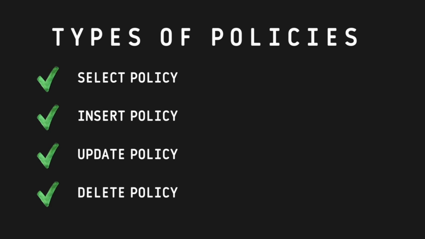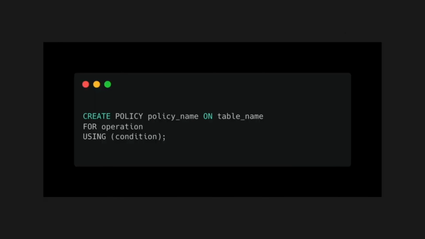So for example, a simple syntax of how a policy would look when you are creating a policy. You'll need the create policy command, and then that specifies the condition under which the access is permitted. So you'll need to specify a policy name and then specify which table you want to create the policy for. And then we'll have the operation. The operation, as I said, is either the select, insert, update, or delete.